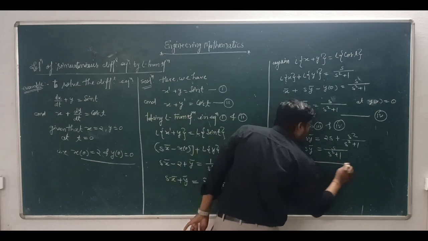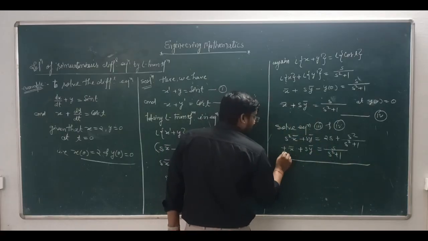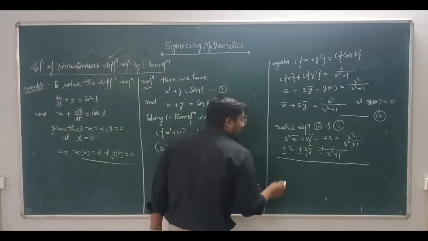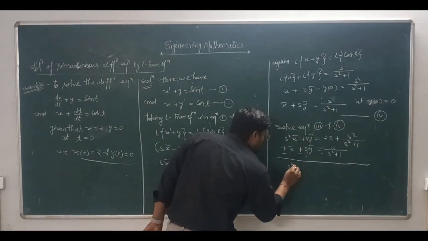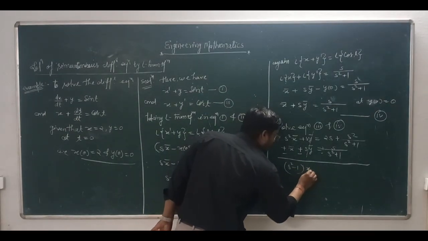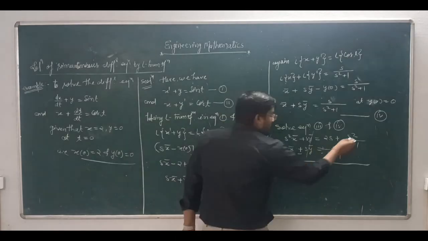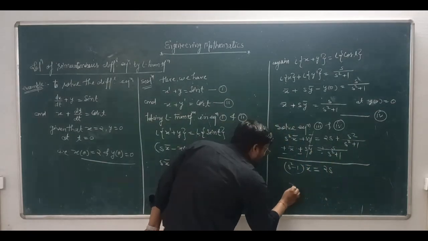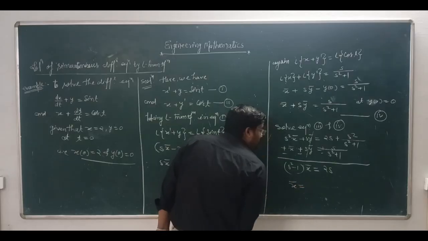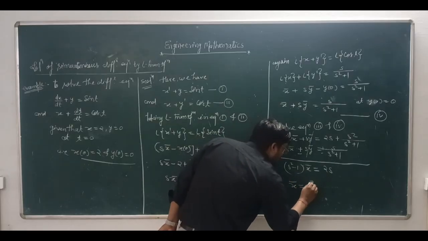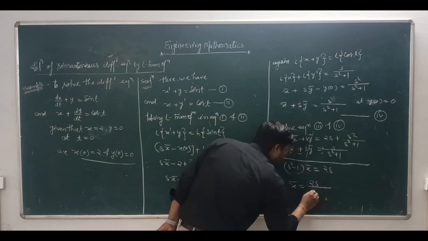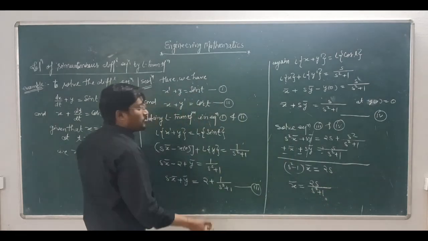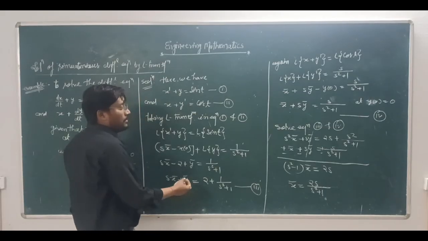Now subtract both equations; the s y bar terms cancel. Now s square minus 1 times x bar is equal to 2s, which means x bar is equal to 2s upon s square plus 1.